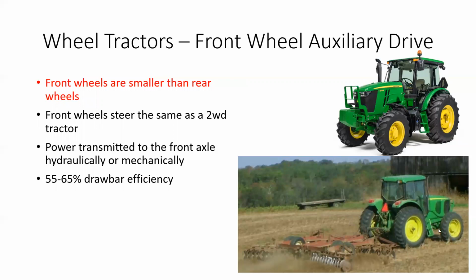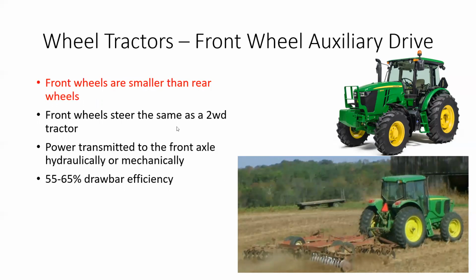If you look at our last percentages, we're really only gaining like 5% drawbar efficiency when we make the step from two-wheel drive to front wheel auxiliary drive. So you're not really gaining that much anyhow. And this is a much more expensive machine to have to make it front wheel auxiliary drive.